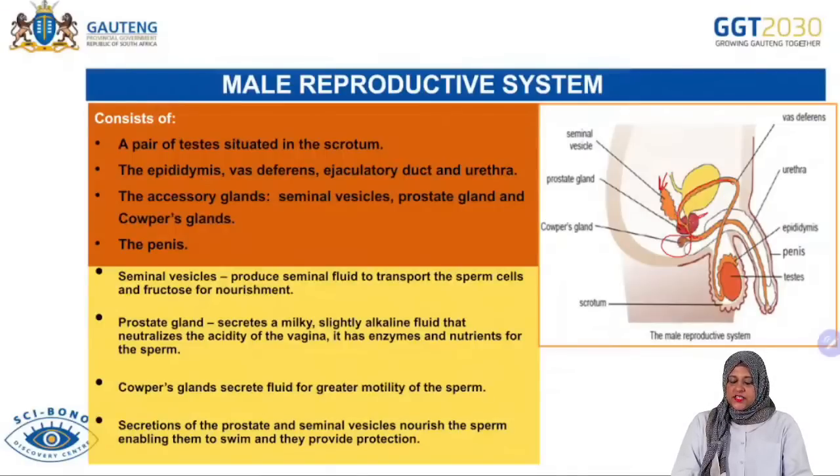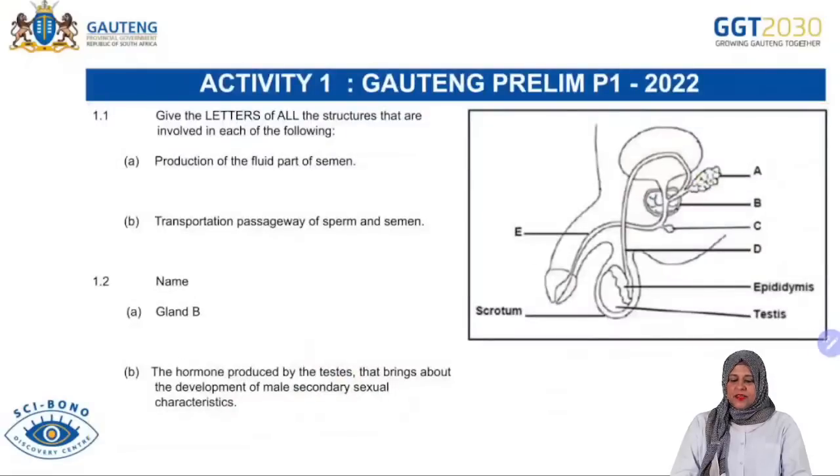Cowper's gland secretes fluid for motility of the sperm, and the secretions of the prostate and seminal vesicles nourish the sperm, enabling them to swim, and they also provide protection for the sperm. Remember, it's the tiniest cell and it needs nourishment and protection. It's very sensitive.